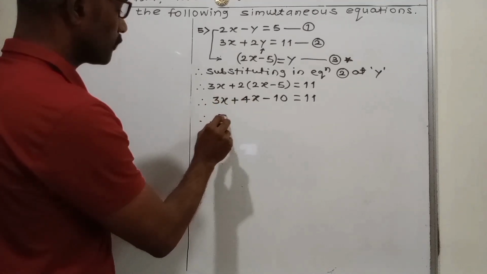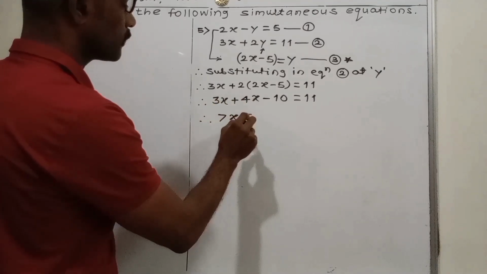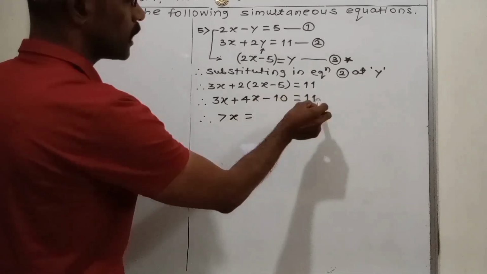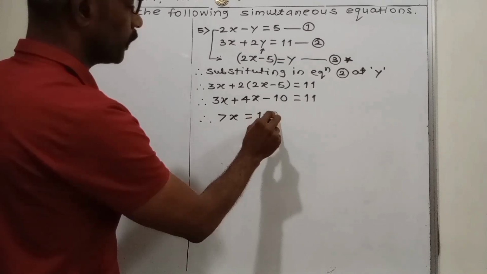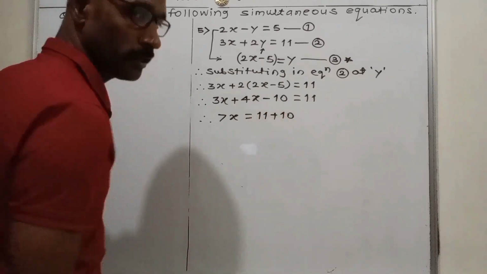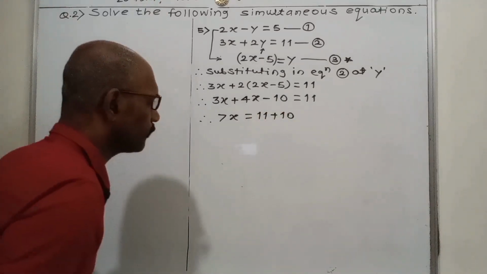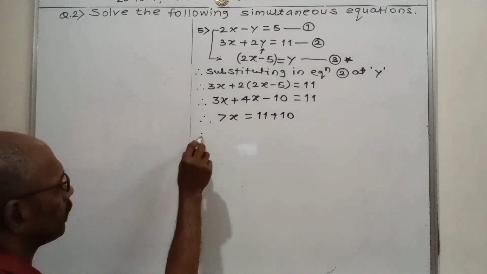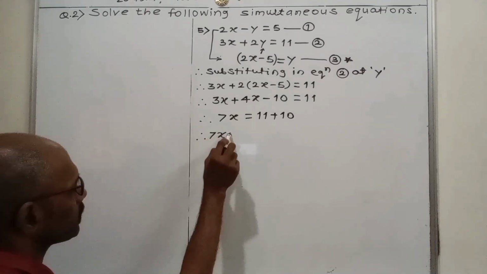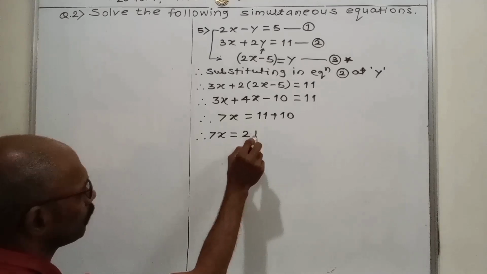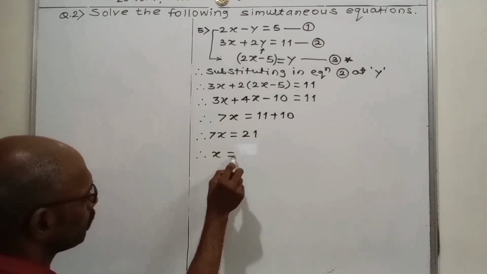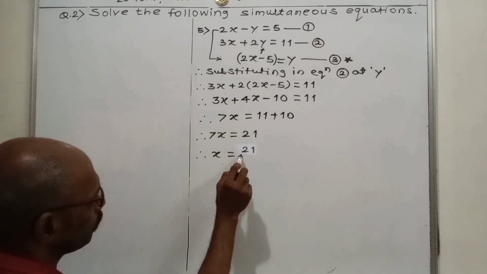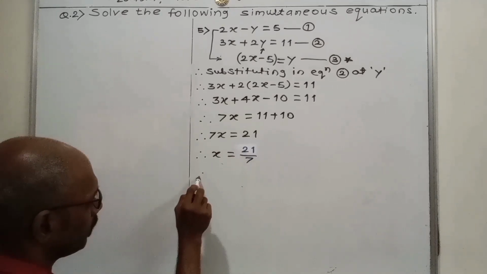We add 7x is equal to, these are like terms, we take together 11 plus 10. Did you get it? Very simple method. Therefore 7x is equal to 21. Therefore x is equal to 21 upon 7.